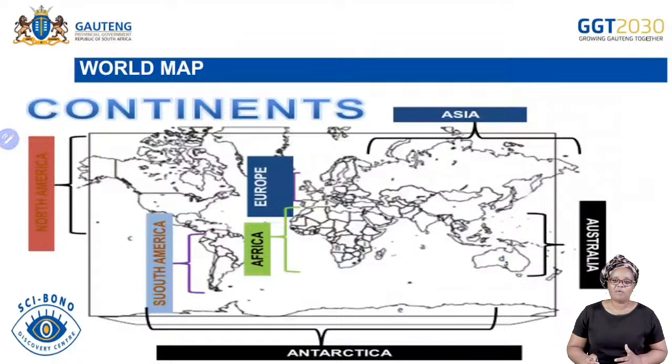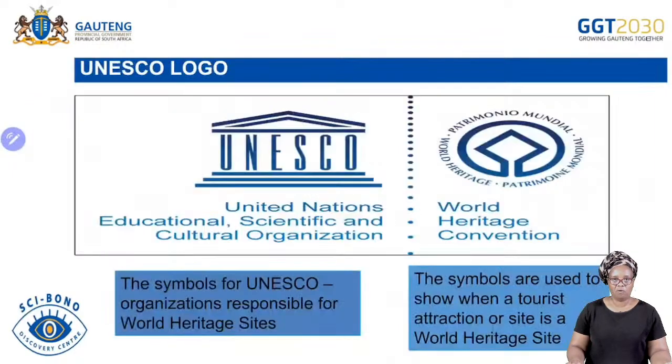In South America, we have so many. In Europe, in Africa. So it will be easier for you if you know how to categorize them per continent. You can see that we have Australia, Asia, Africa, Europe. So they do have icons. So it will be easier for you to identify them if you have done the table that we have talked about before.